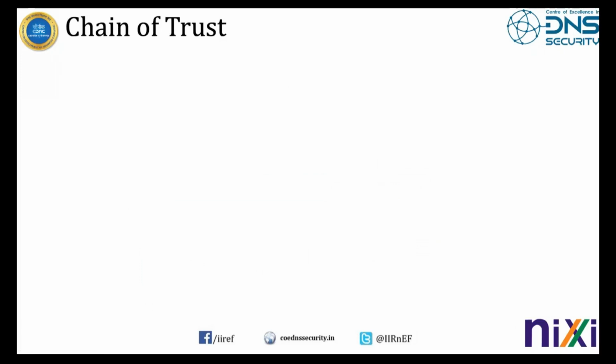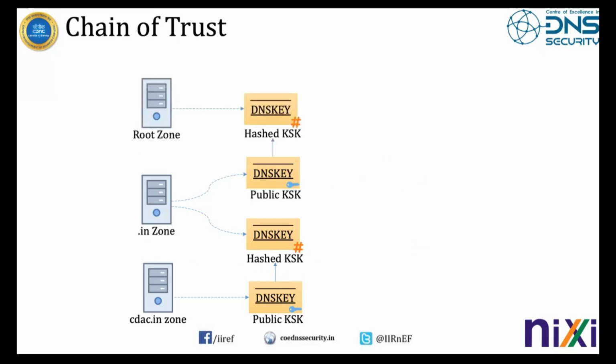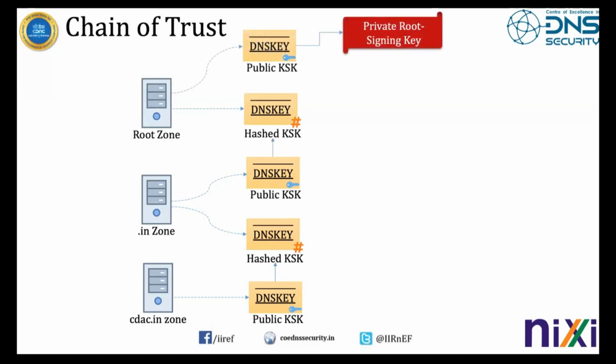So let's see the chain of trust. There is the C-DAC.in zone, and it has a public KSK, which it will give to its .in zone. The .in zone will have its own public KSK, which it will give to the root zone. And for the root zone, there is a private root signing ceremony, in which many individuals across the world come together and in a transparent manner sign the root zone.